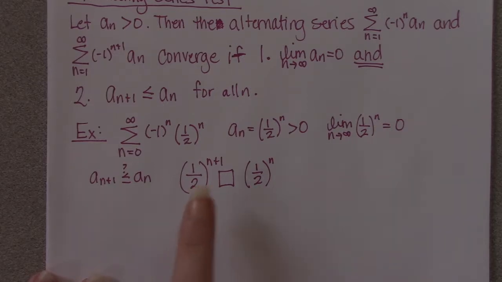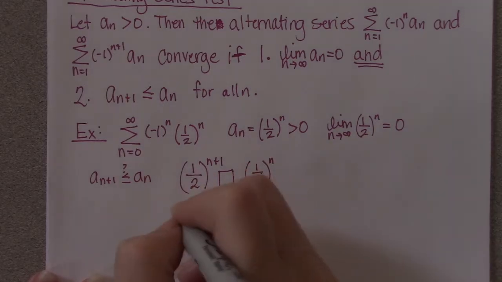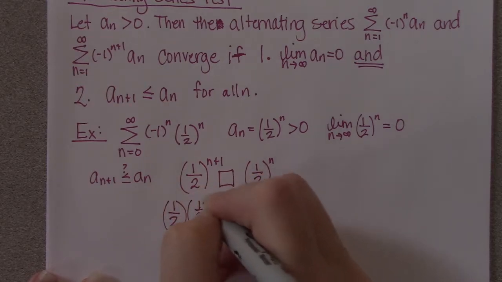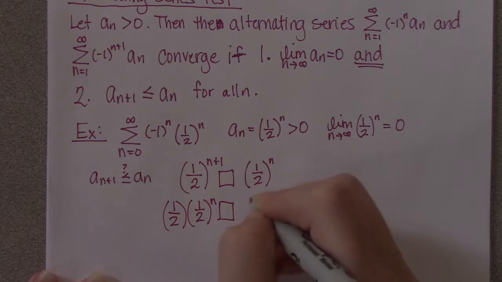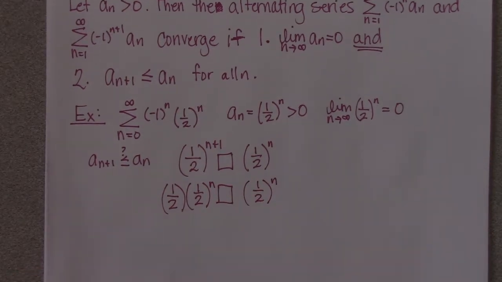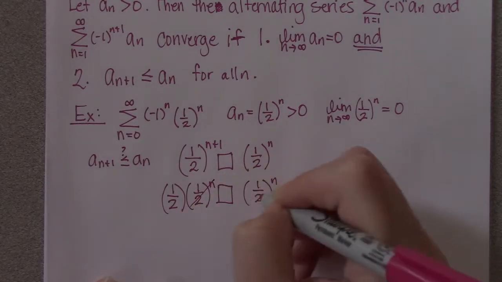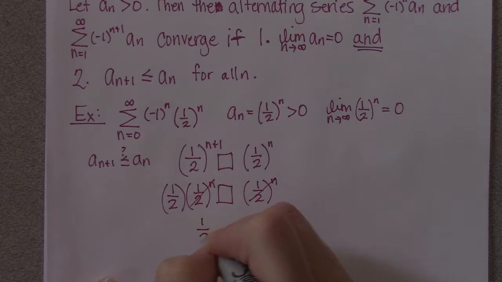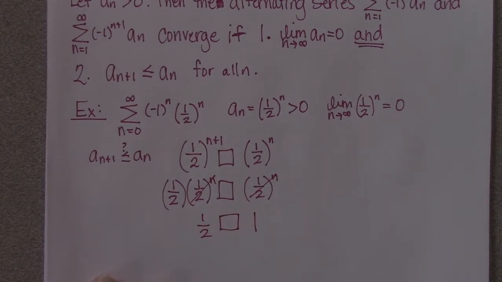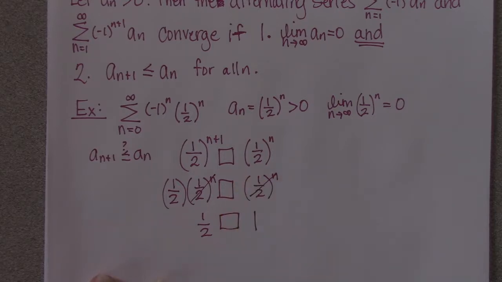So we can rewrite the term on the left as 1/2 times 1/2 to the n. Remember, you can add the exponents together if they're written separately, and you can also break them apart. Now my 1/2 to the n cancels on both sides, and I'm left with 1/2 and 1, because there's an implied 1 right here.